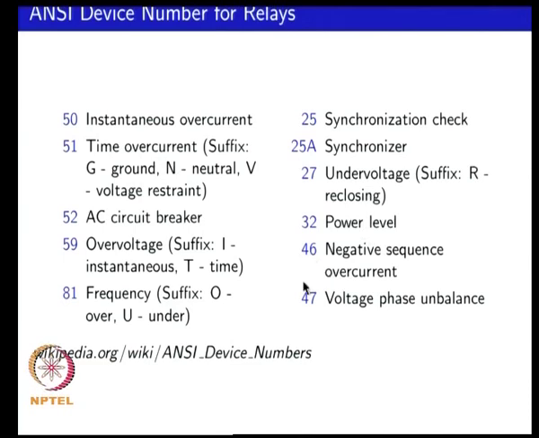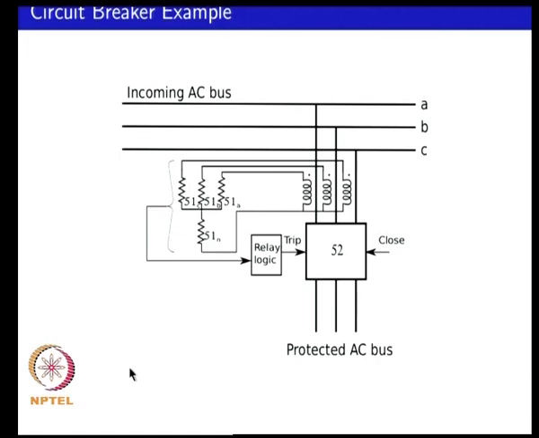So, you would have relays for a variety of functions. This is just a sample, there is a large list. You can get the full list on, say, Wikipedia, which has a list of ANSI device numbers available.